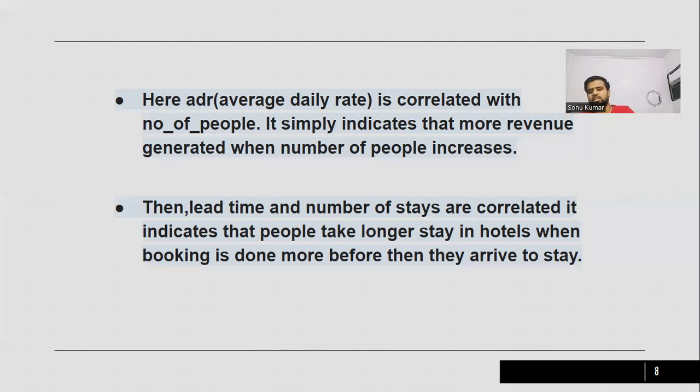It shows that if there are more customers, the revenue of the hotel will be more. Then we analyzed that lead time and number of stays are correlated. It indicates people take longer stays in the hotel when the booking is done well before they arrive to stay.